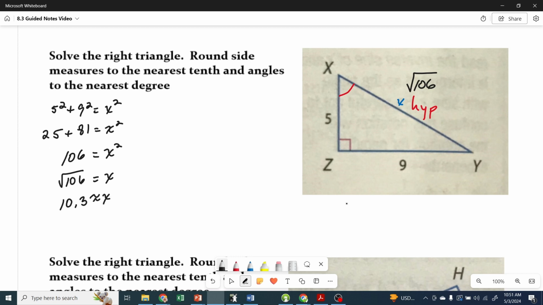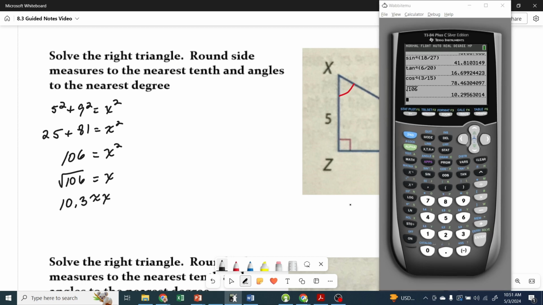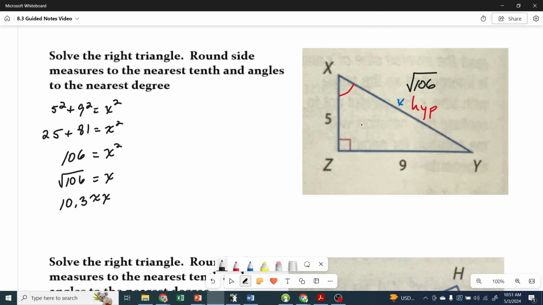Okay, so now let's go back to our conversation about this triangle. We're going to do angle x, and it's going to be sine or cosine or tangent. I'm looking at 5 and 9, and I'm going to use tangent. So the tangent -1 of 9 over 5 is equal to angle x.